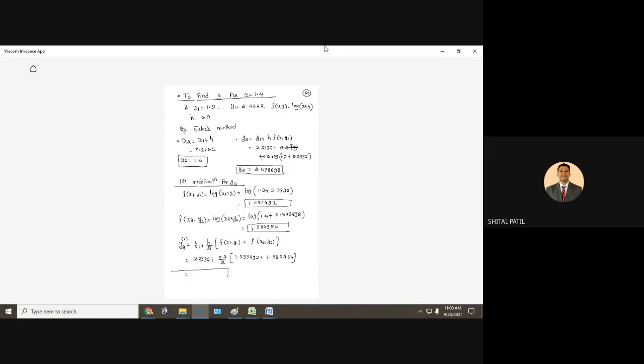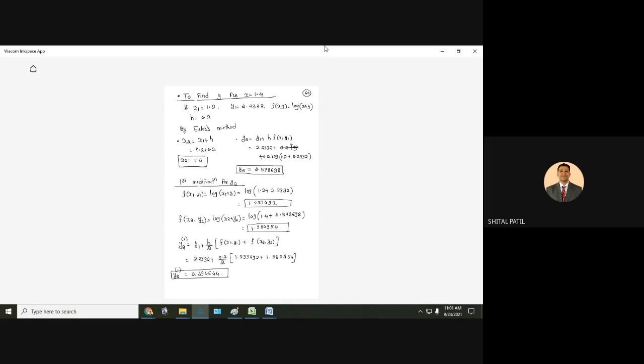Can anyone tell me what the answer is? 2.49464, 2.494644. So it is not correct up to a single decimal place.